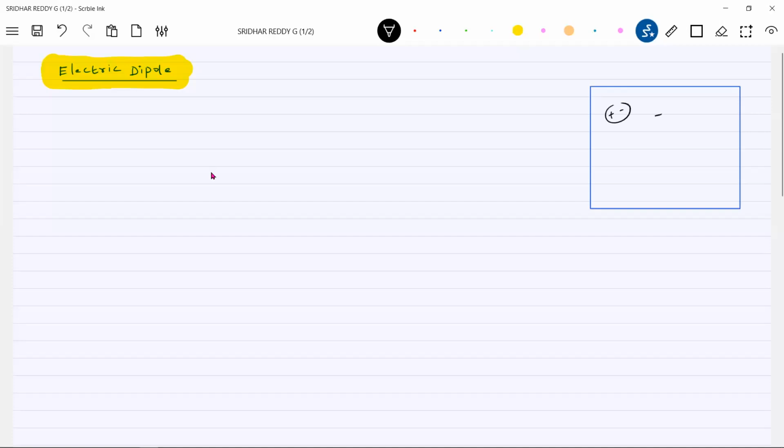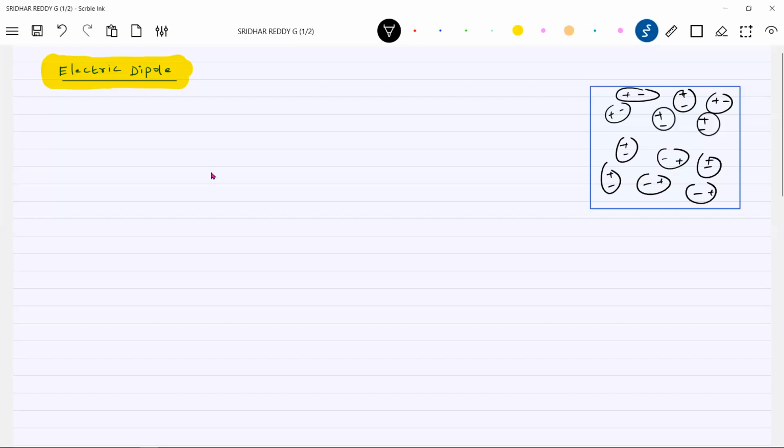The positive and negative charge of the atom we can represent by a physical quantity called a dipole. It is very much needed to study. I think you might have come across the dipole moment in chemistry.